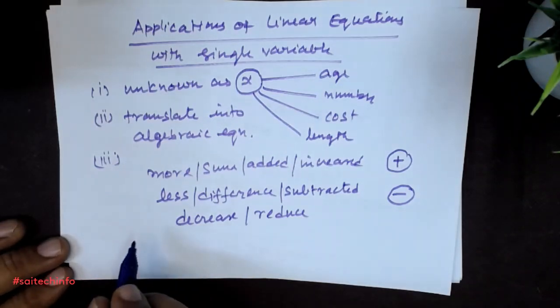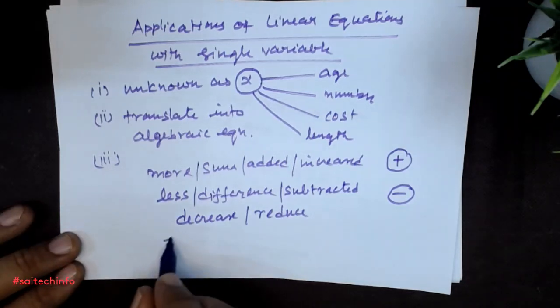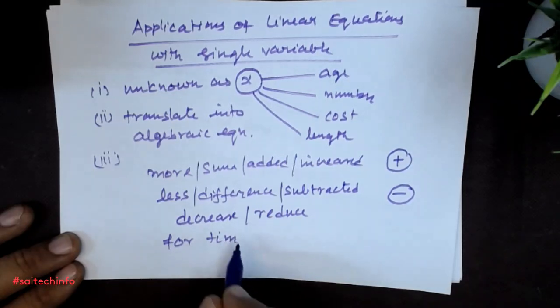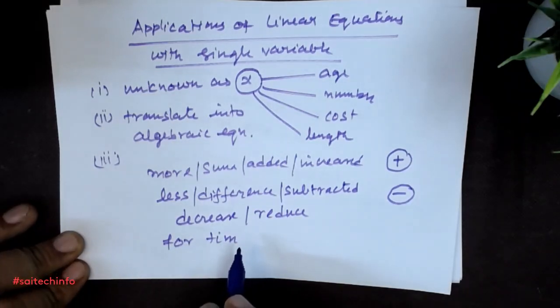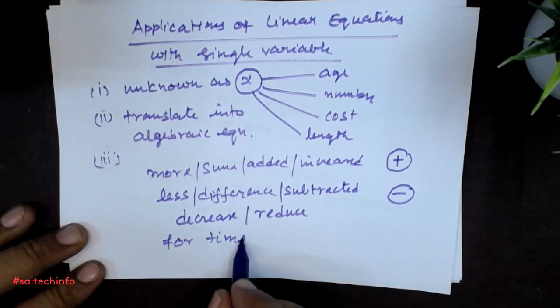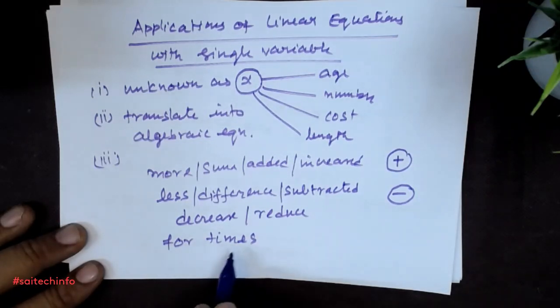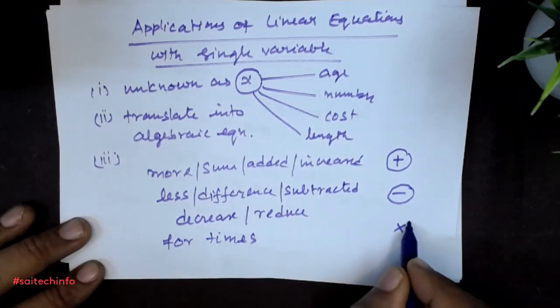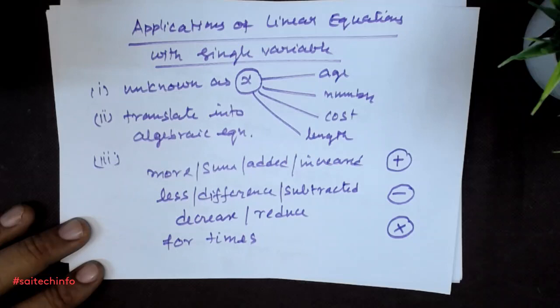Sometimes for times, that indicates multiplication, that is 2 times, 3 times, n number of times. So if you come across such words, 2 times x means 2 into x. So here you have to use the multiplication symbol.